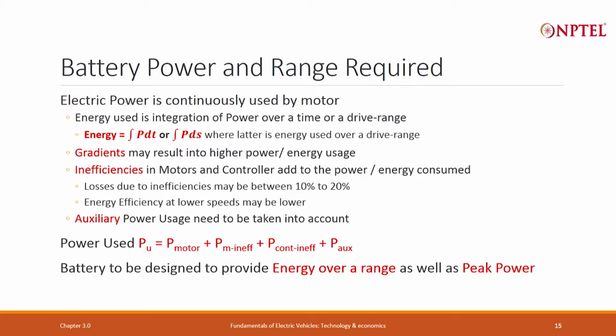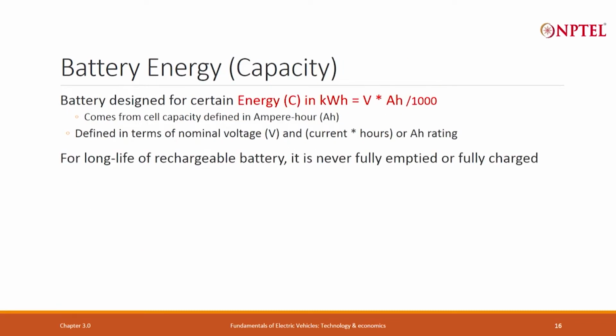We will get into much more detail on the battery later on, but let me just quickly introduce how you define this battery. The first important thing is that batteries will be made using cells, and the battery will have a certain capacity in kilowatt hour. The battery capacity in kilowatt hour depends on the voltage.